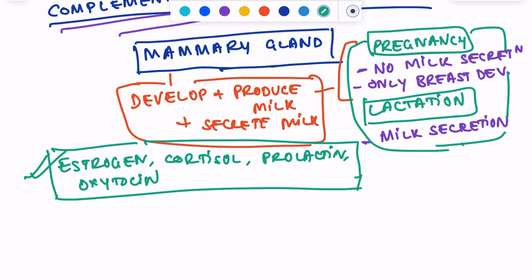The mammary glands are fully developed, they can produce milk, and they can secrete milk only when the lactation phase is there.